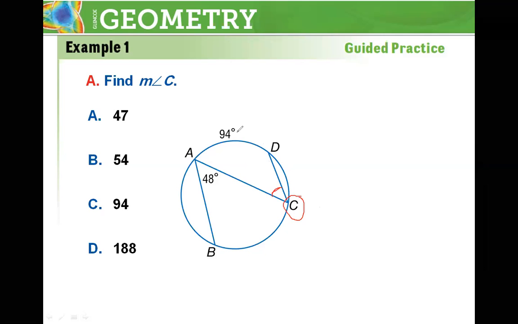So 94 divided by 2 is equal to? 47. Yes, it's equal to letter A, which is 47.